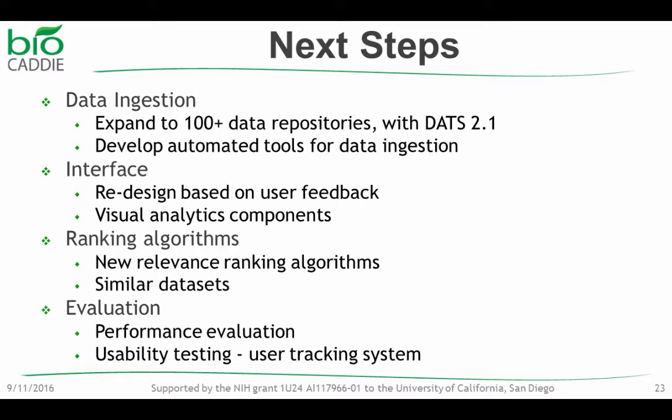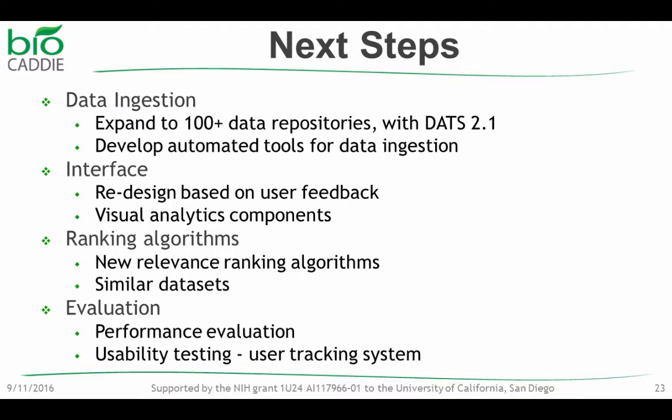Some users said the search box is not obvious, so we are thinking about redoing that. There's also a plan to add a visual analytics component to the results. And for the ranking algorithm, based on the benchmark data set, we're going to do more solid evaluations and decide on the new relevance ranking algorithm.